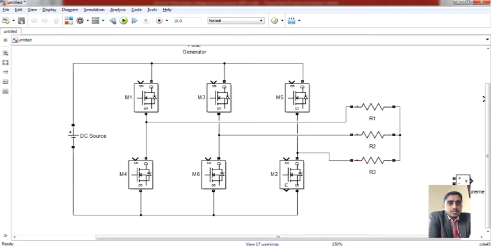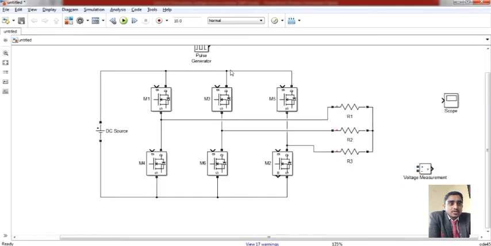PG1 is connected to MOSFET 1, PG3 to MOSFET 3, PG5 to MOSFET 5, and PG4 is connected to MOSFET 4, PG6 to MOSFET 6, and PG2 to MOSFET 2.